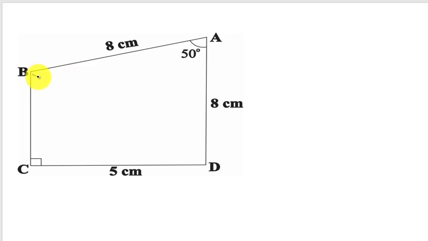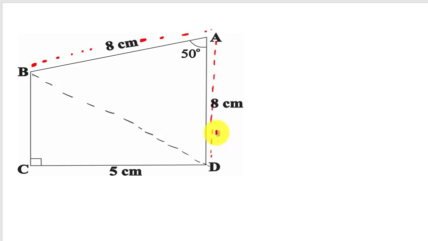So let's draw a line up to the B. From the question, it says the distance from A to B is equal to what? 8 cm. So from this point up to this point is 8 cm, and from this side up to this side is 8 cm.